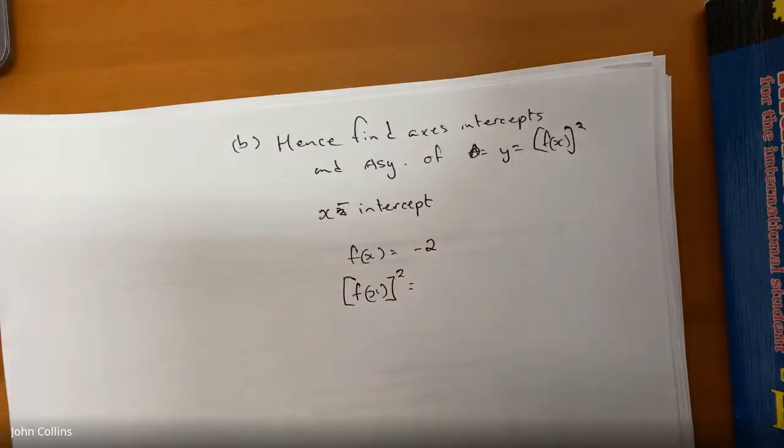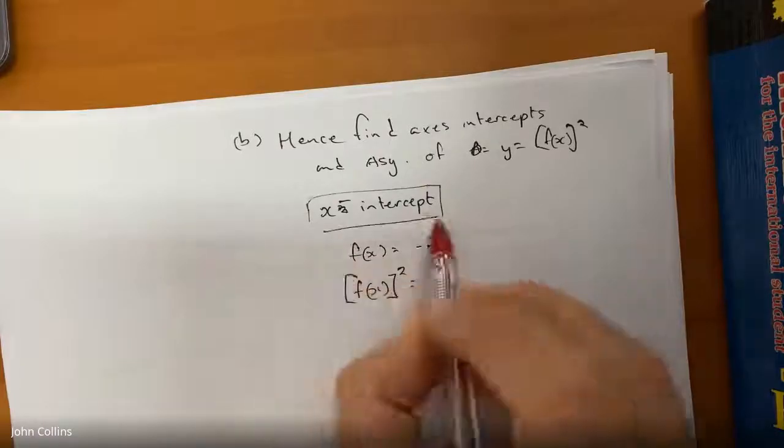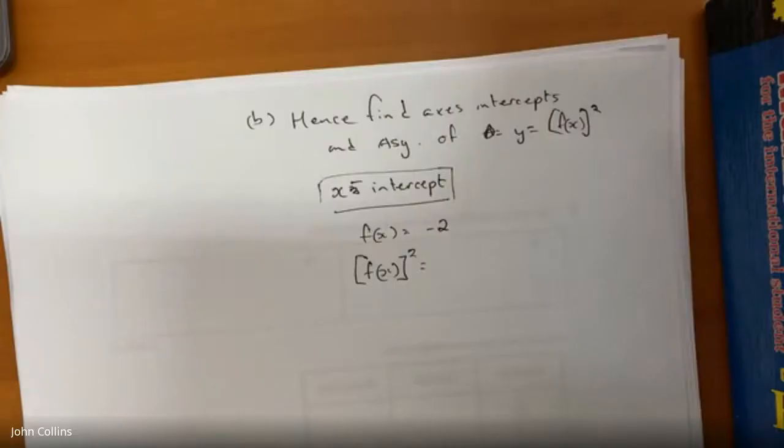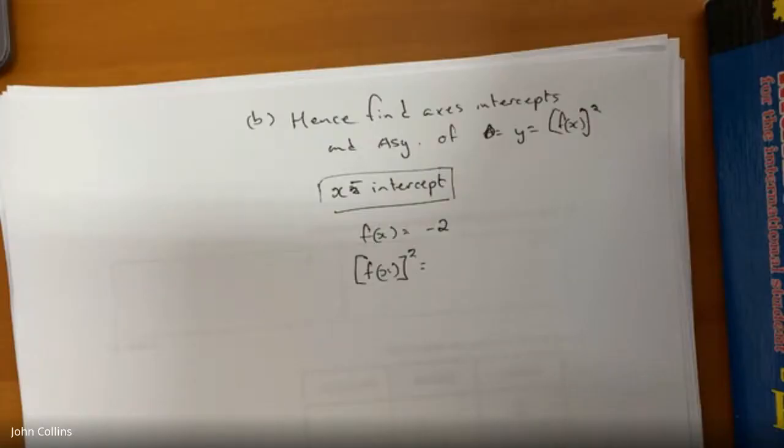Just deal with the x-intercept. 4? Anyone disagree with 4? Now, remember, this is a value for x, not y. Oh, then 0, so it'll stay the same.